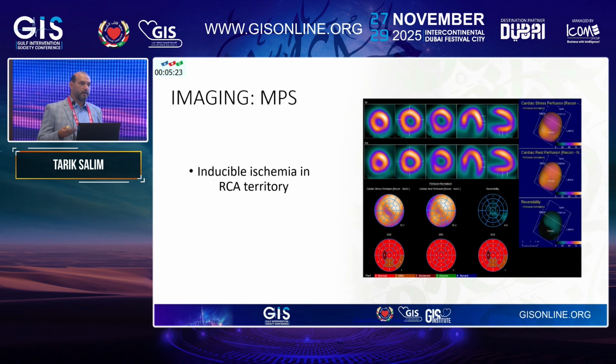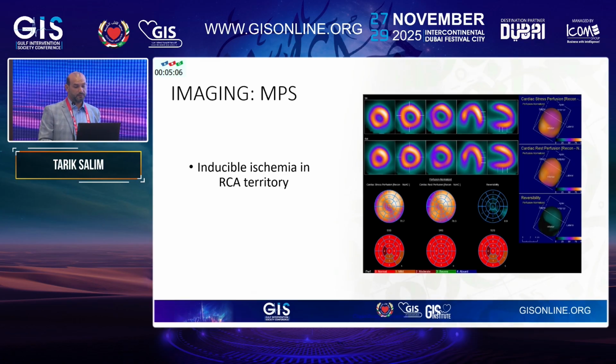More imaging before you take such a case into the cardiac cath lab. So we did the stress echo, and we also did a myocardial perfusion scan, which shows inducible ischemia of the right coronary artery segment.